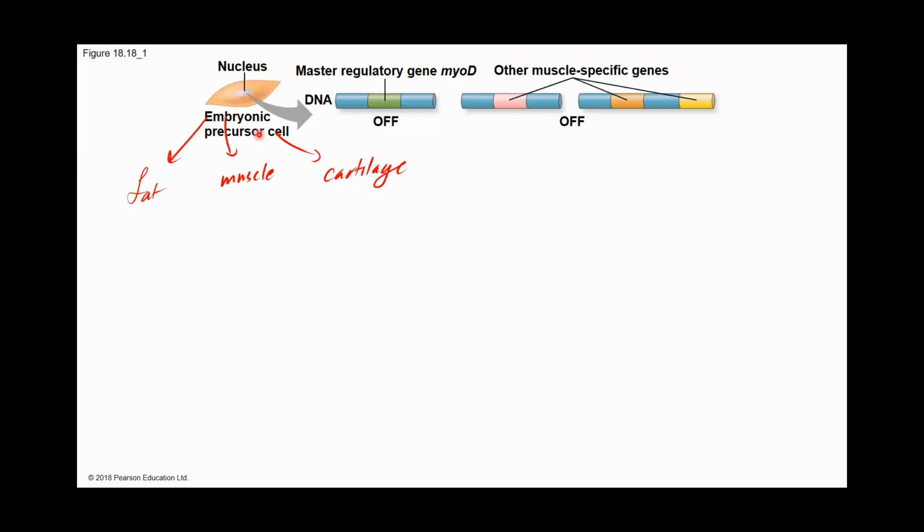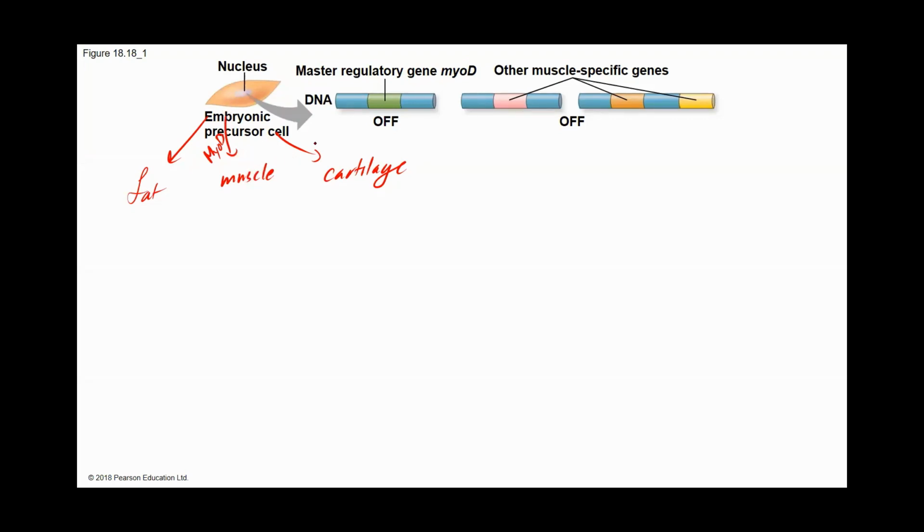Okay. But what determines whether this cell will become a muscle cell, cartilage, or fat cell is the type of master regulatory gene that will be expressed or transcribed in this cell. So in our case, if MyoD protein is produced, this cell will become a muscle cell.